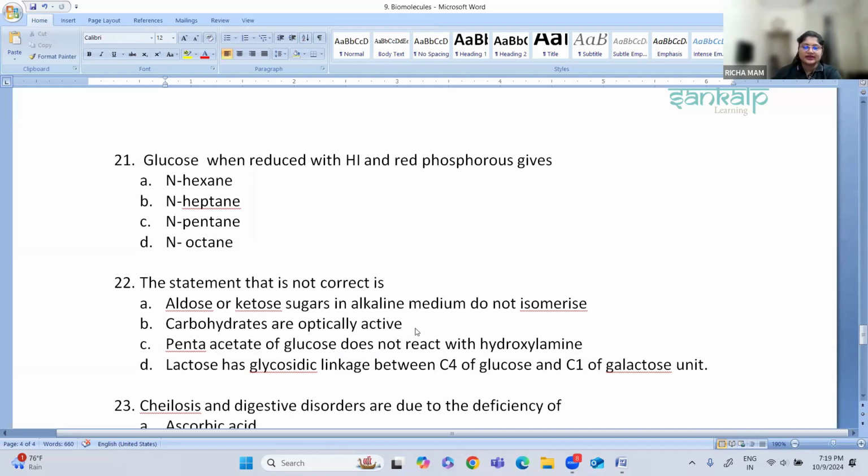Which is the statement which is not correct? Aldoses or ketoses, when they are in alkaline medium, do not isomerize. So this is not correct. When they are in alkaline medium, they will isomerize. So option number A is the incorrect statement.